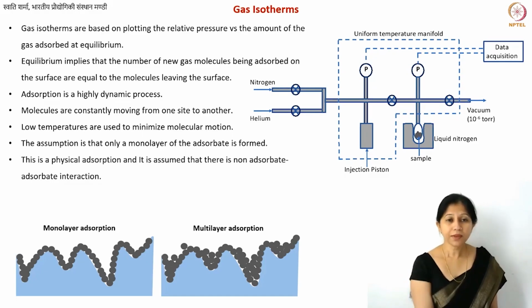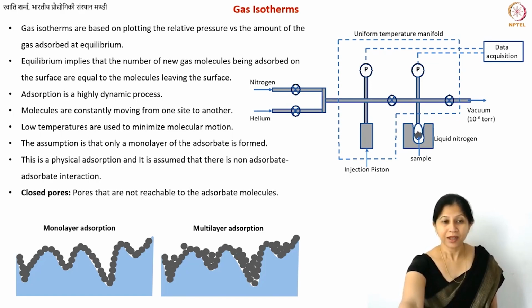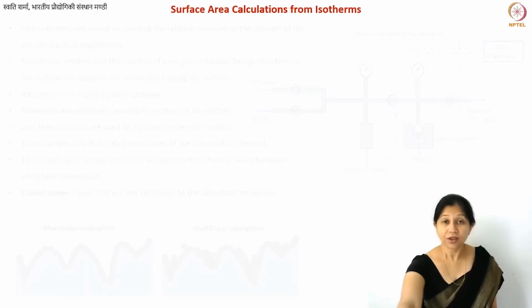Another assumption is that there is no adsorbate interaction. This is the assumption we have to make in order to calculate the surface area. I already described the course on the previous slide. So how do we now calculate the surface area from these isotherms?